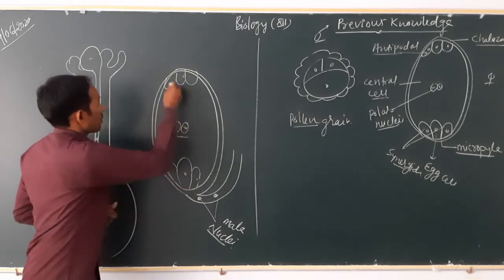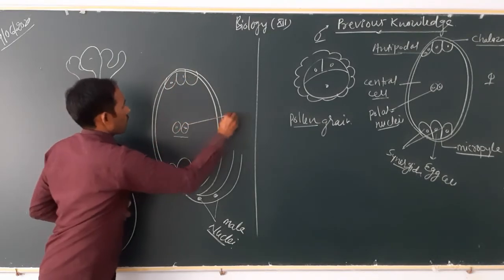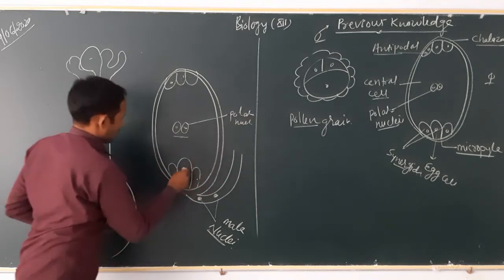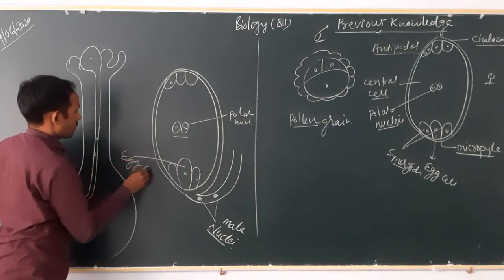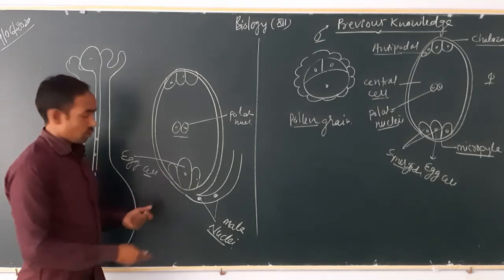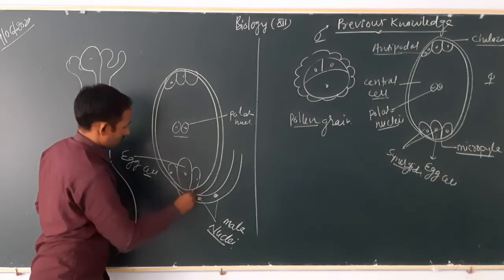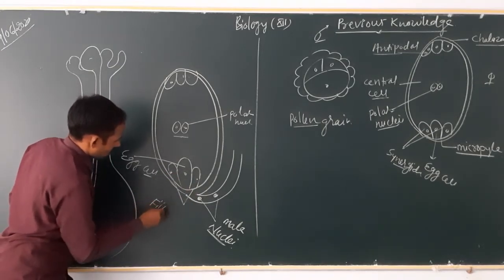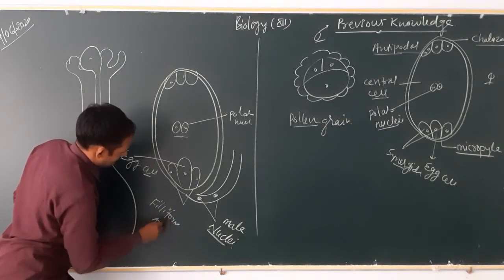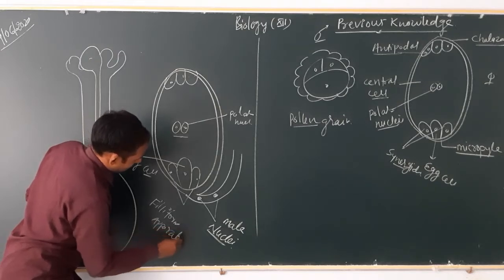So these all are cells. This is the polar nuclei. This is the egg cell. A new term is introduced here in your book, that is the filiform apparatus.